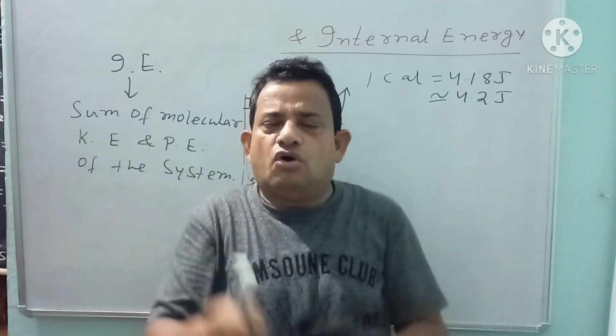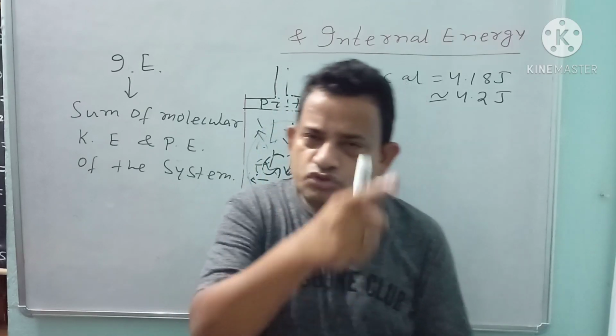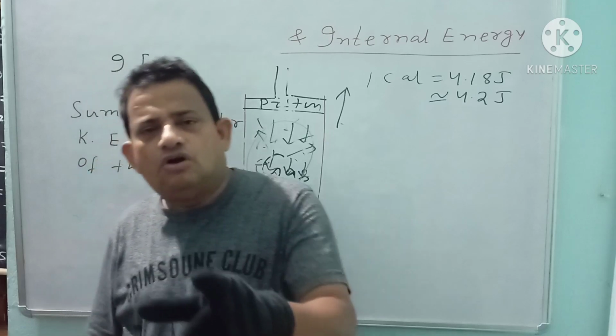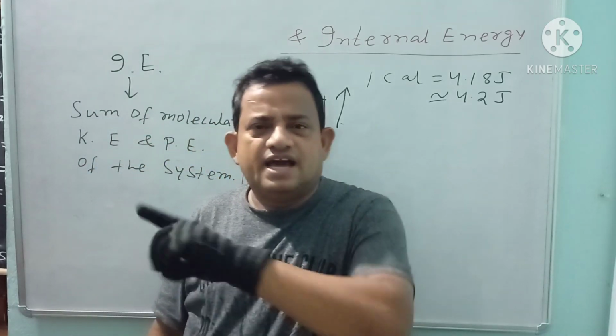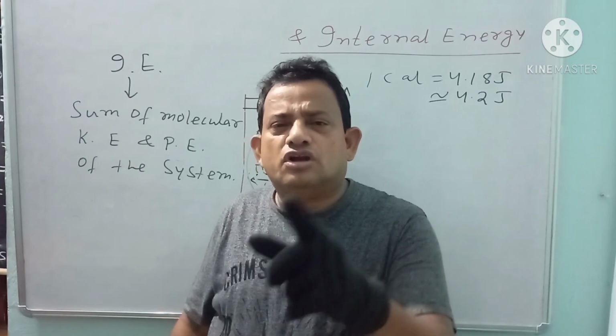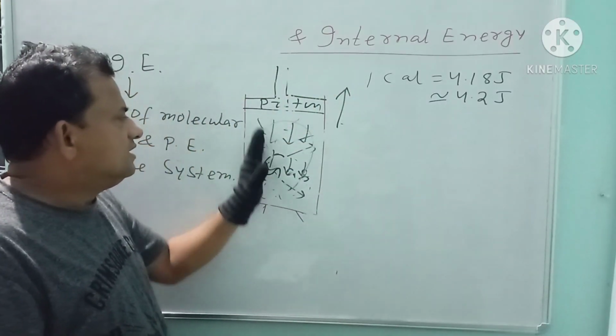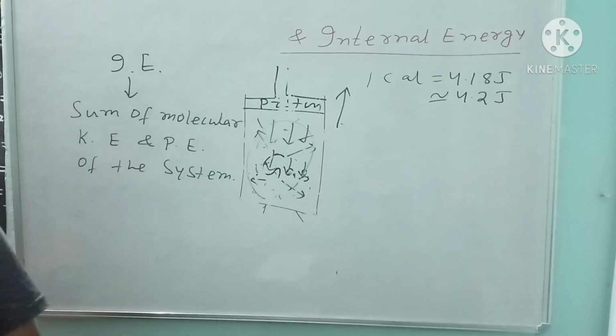So some work is done against the intermolecular force, and that work is the internal potential energy. On which factor does it depend? It depends on volume. Since gas expands, its volume increases. That's why we say internal potential energy is a function of volume.